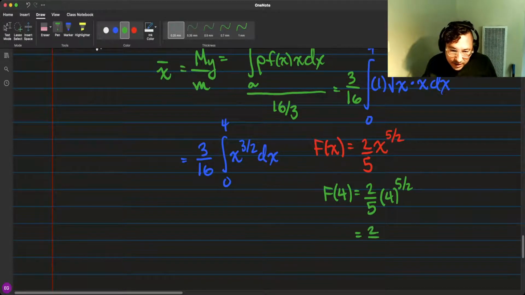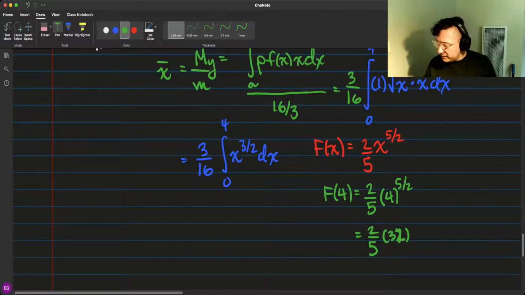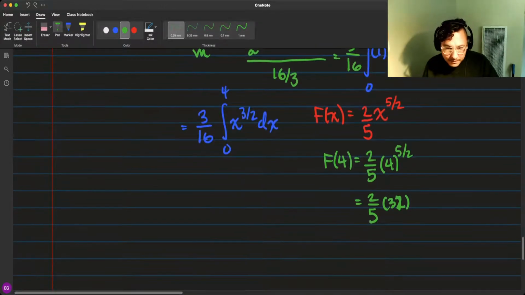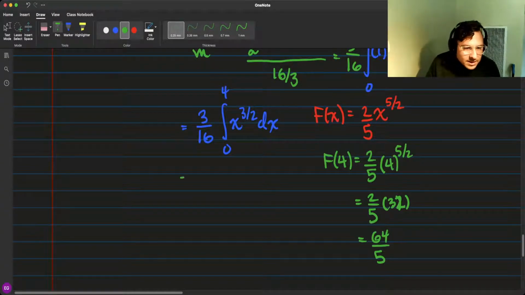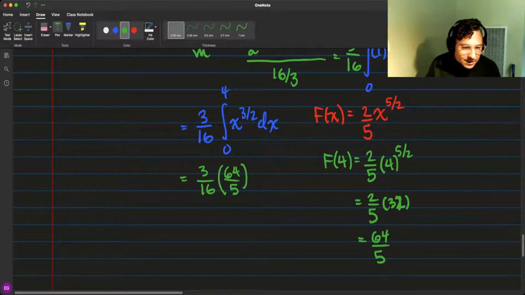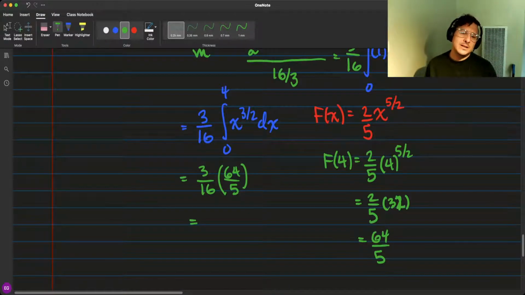So you get 2/5 of 32, which is 64/5. Okay, so you're going to get 3/16 times 64/5. 64 divided by 16 is 4. 4 times 3 is 12, so you're going to get 12/5. And 12/5 is 2.4.